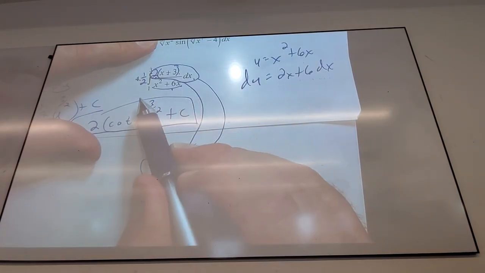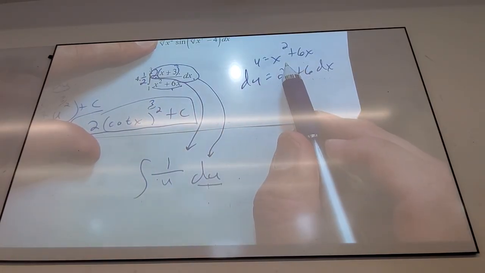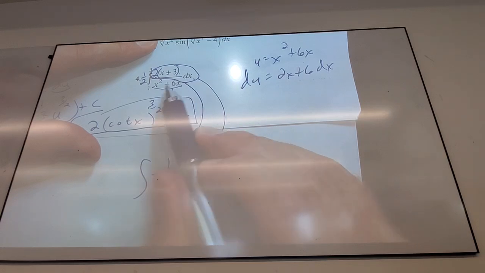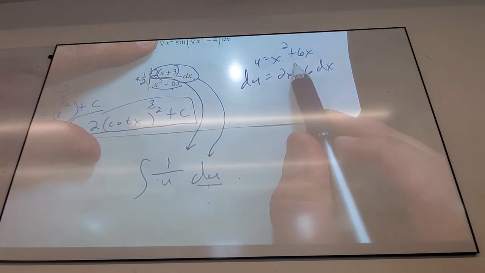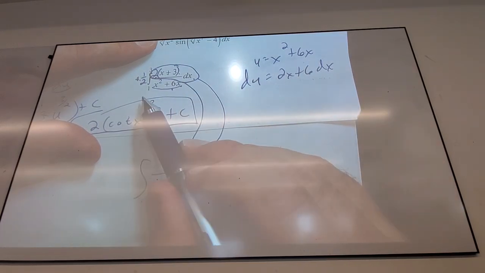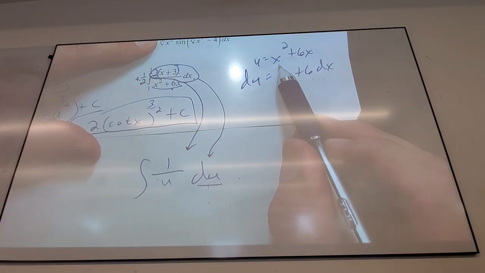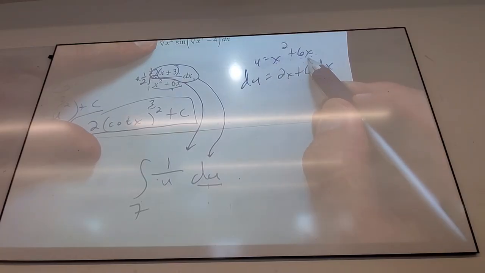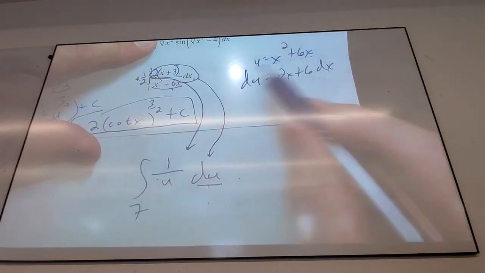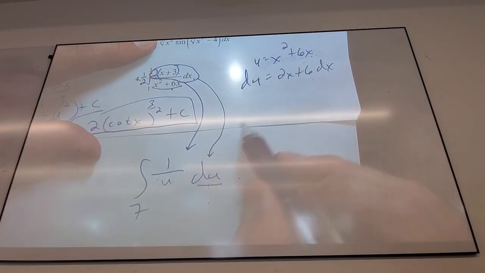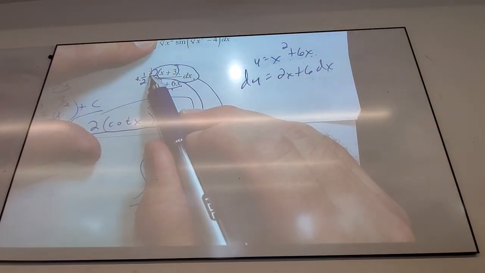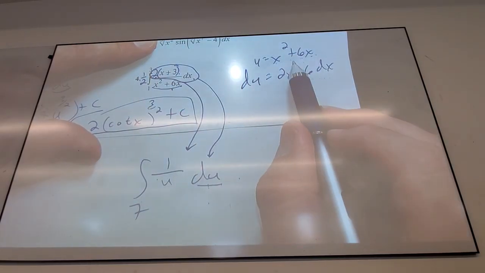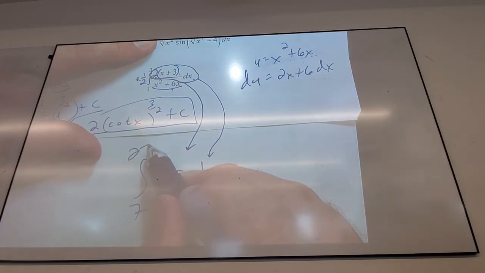If x is 1, what's u? 7. 1 plus 6. If x is 3, what's u? 27.